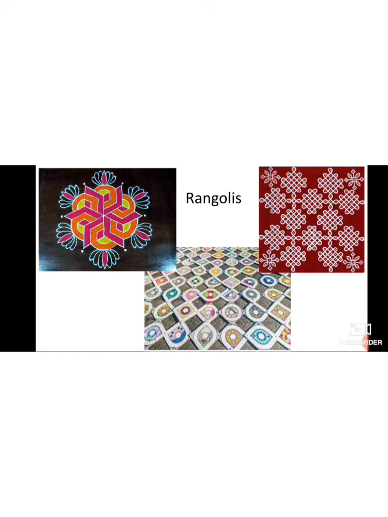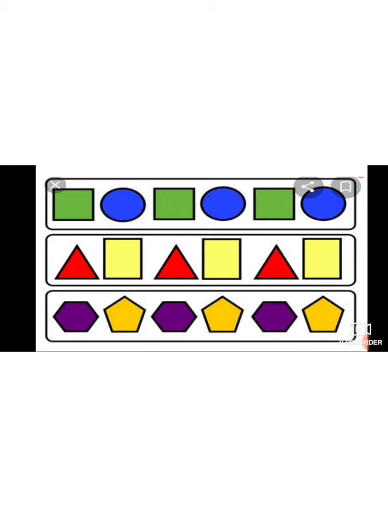The dots that are kept to make a rangoli are kept in such a way that it itself is a pattern: 1, 3, 5, 7. Then it goes into diminishing. Then 5, 3, 2, 1. So this kind of repetition or sequence, one after another, is a pattern in itself.